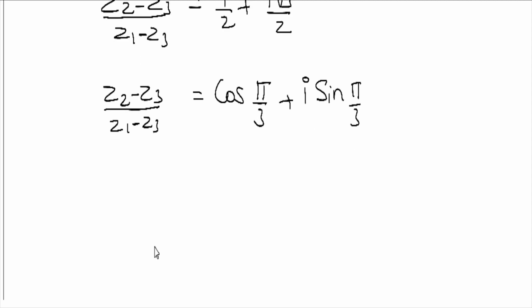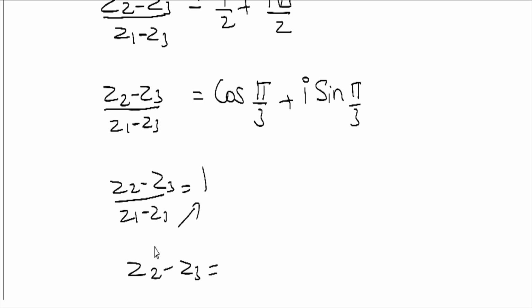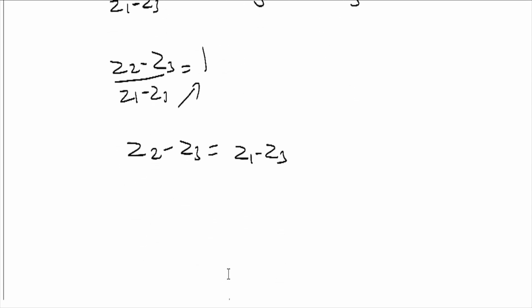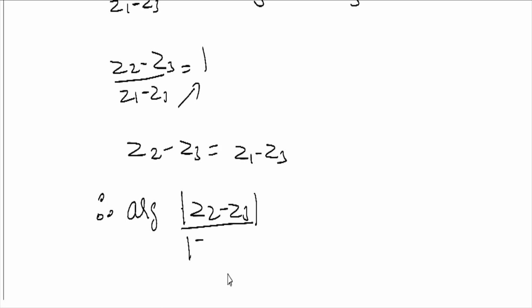Therefore (z2 - z3)/(z1 - z3) has modulus 1. Then bringing this side, modulus of z2 - z3 equals modulus of z1 - z3. Therefore the argument of (z2 - z3)/(z1 - z3) is equal to π/3.